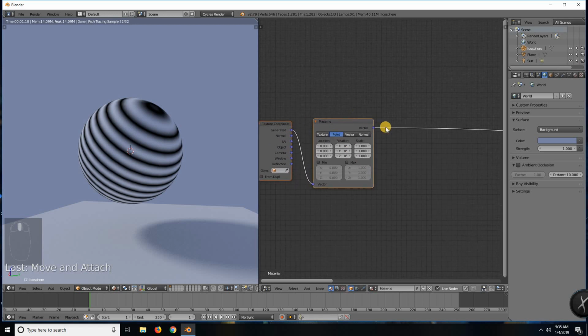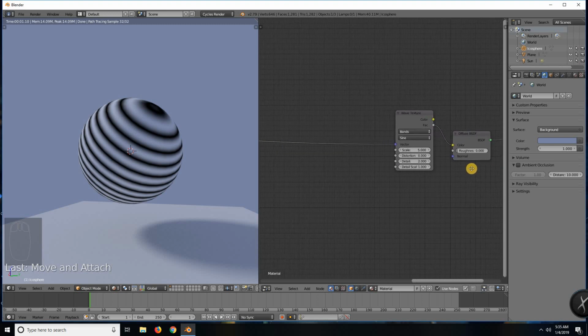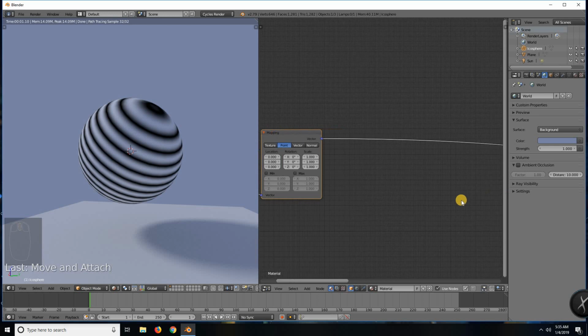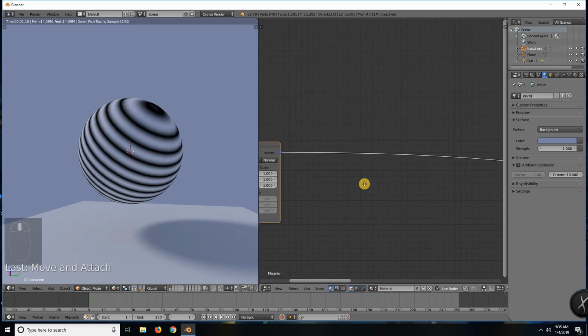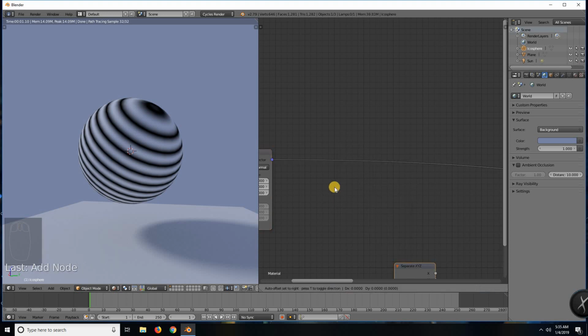Anyhow, so what we're going to do is we're going to take the coordinates coming out of this mapping node. Woo! Jumped a bit there. And we're going to change them from the rectangular coordinates to polar coordinates before they make it to this wave texture. All right, well, the first thing we're going to need to do is separate these out. So we're going to come into our converter and we're going to grab a Separate XYZ.